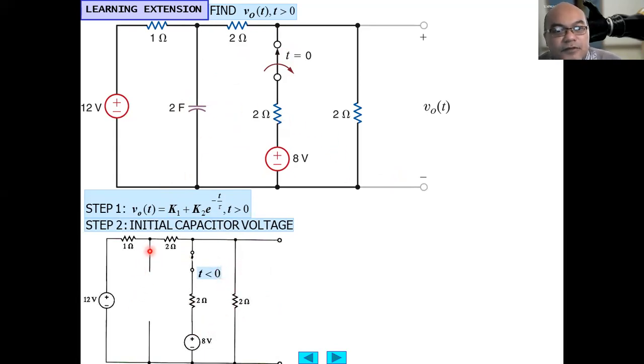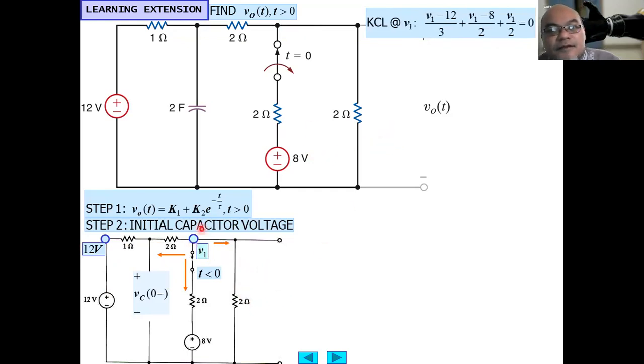So the voltage across this will be DC plus, this is 12 volt. This is V1. Using Kirchhoff current law at V1: V1 minus 12 divided by 3, plus V1 minus 8 divided by 2 ohm, plus V1 minus 0 divided by 2 ohm equals 0.